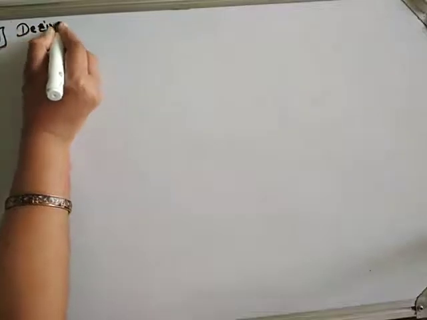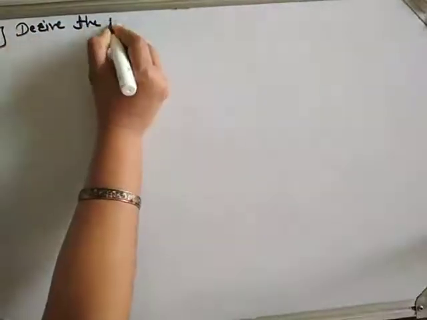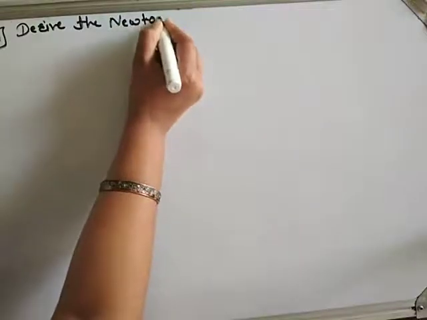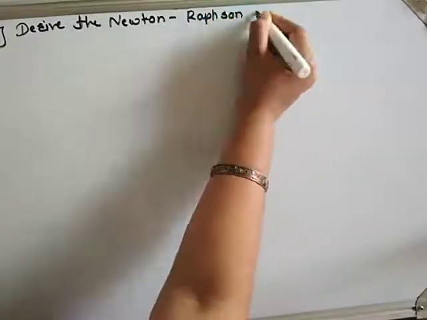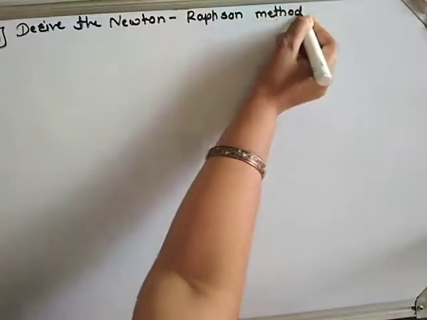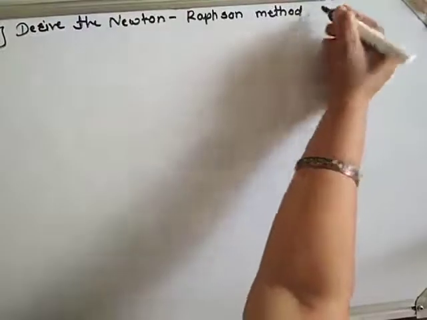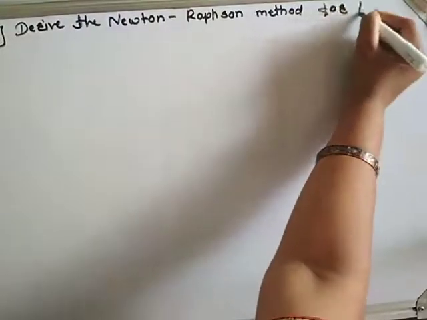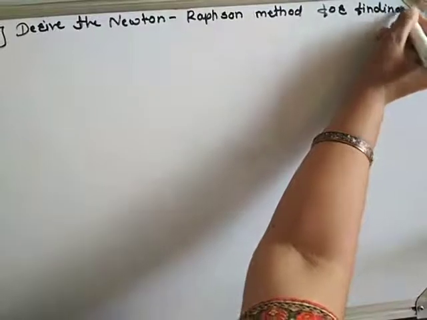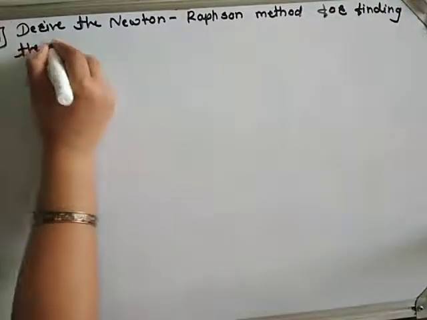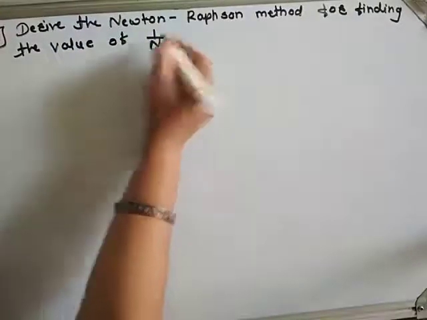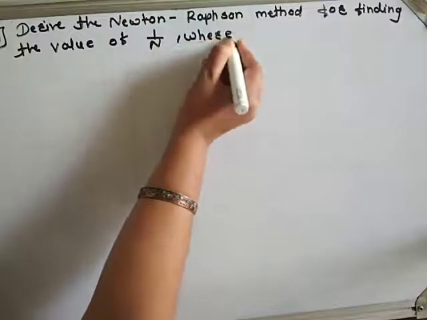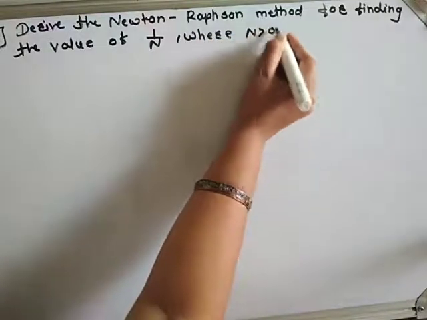First example is derive the Newton-Raphson method for finding the value of 1 by n where n is greater than 0.